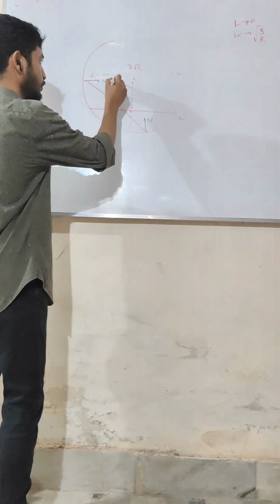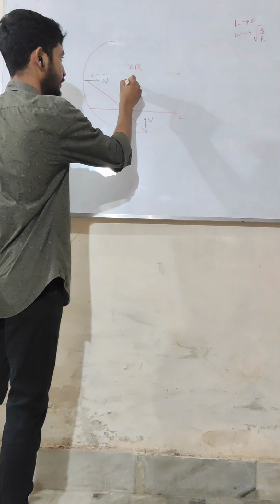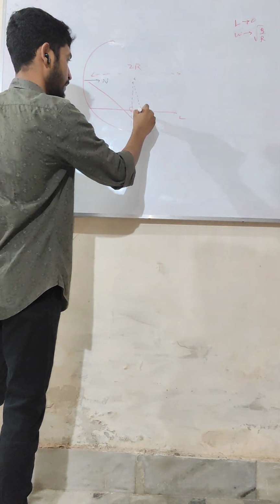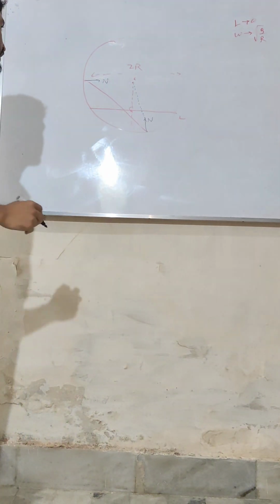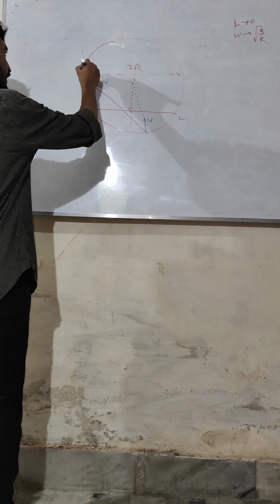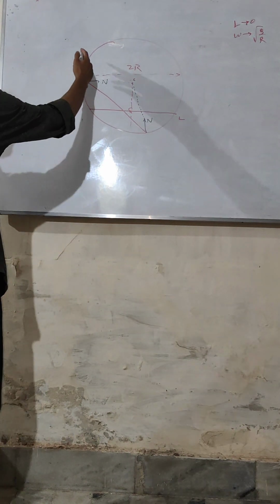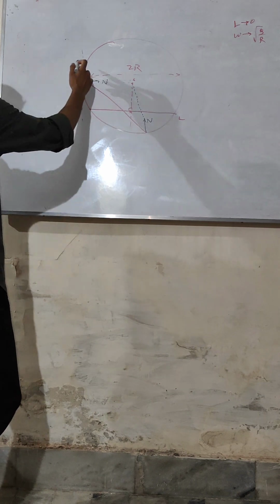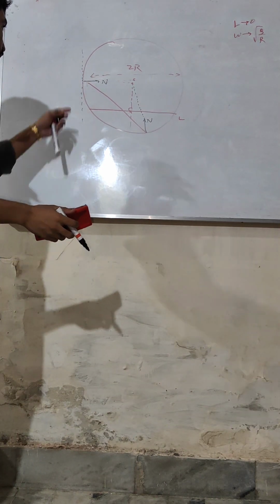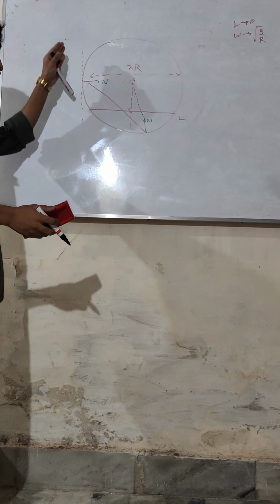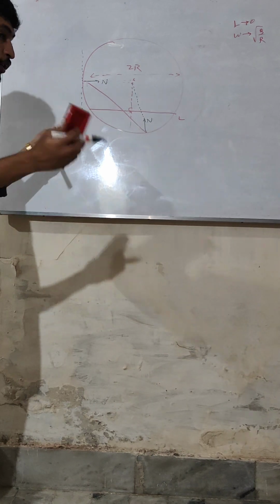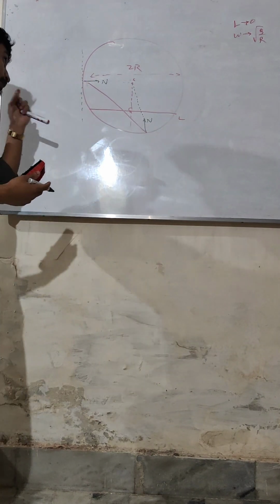It should actually pass through the center of the ring. The reason being that normal forces are perpendicular to the surface, right? So if you draw a tangent, the normal force must be perpendicular to the tangent at that point.